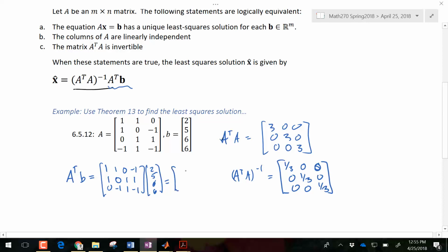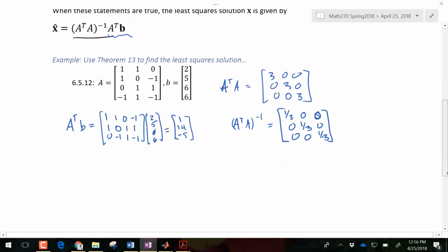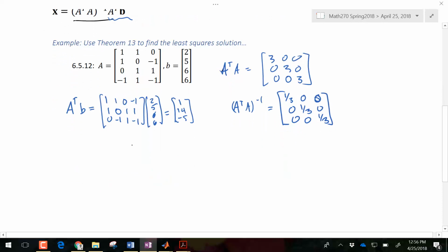So this is that's 7 minus 6. 12, 14, and negative 5. And so we need to figure out what x is.